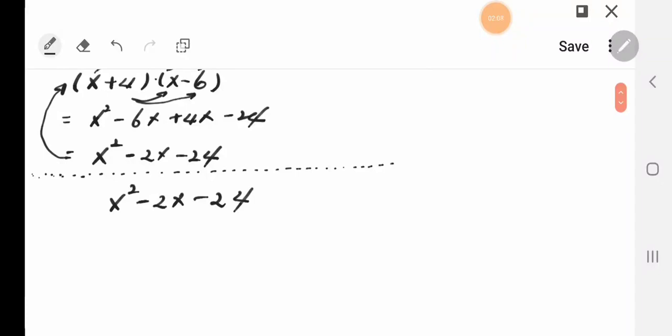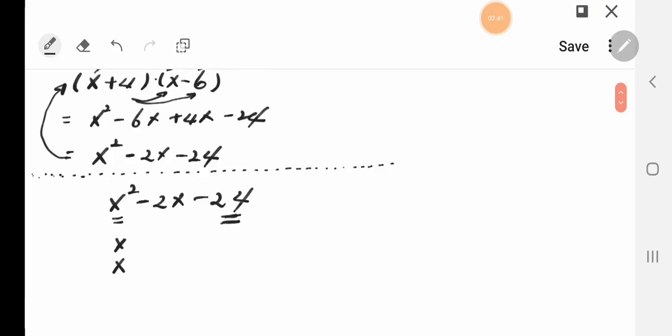So from this, we will find a pair of two factors for the first term and the last term. The first term is x squared, so x squared is always x times x. So write down x and x on the first column, so that we know the product of these two factors is x squared.